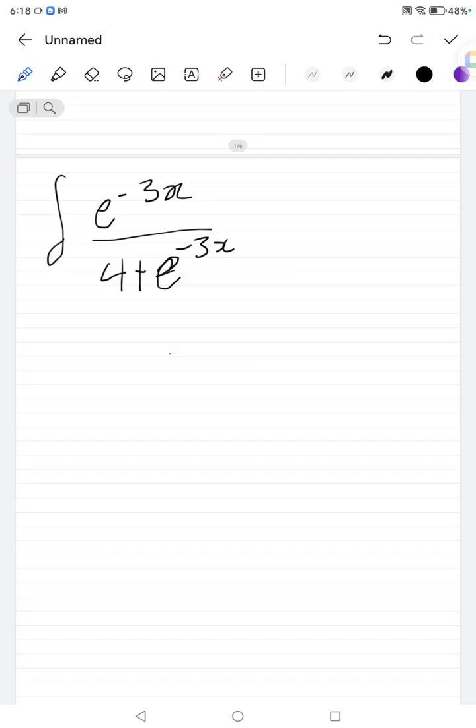So okay, here you have your dx. Then with this one, I'm trying to check which one I can let be my u. So you see, if in this one you let u be 4 plus e to the exponent minus 3x, then you're going to have a derivative of minus e to the exponent minus 3x.